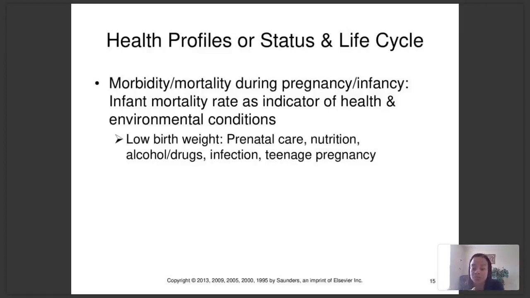We could go on and on, but those are some examples. So think about whatever age group that you're dealing with right now. This one shows pregnancy and infancy, and relates to moms and babies. But what other morbidity and mortality rates could you be involved in within your world? And what types of indicators are appropriate for that particular population? Okay.